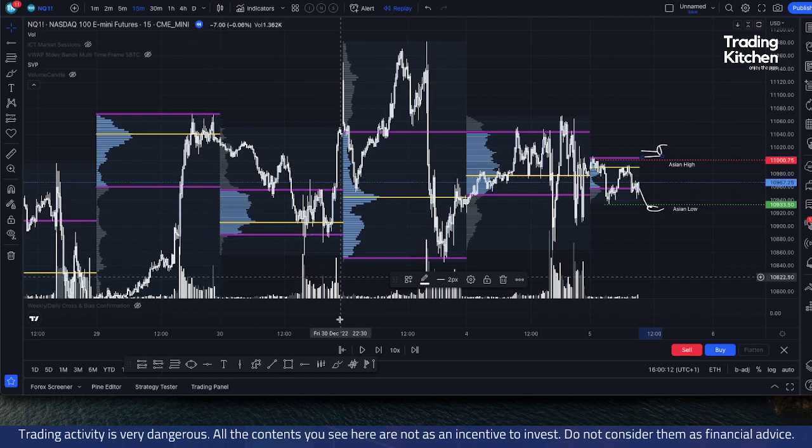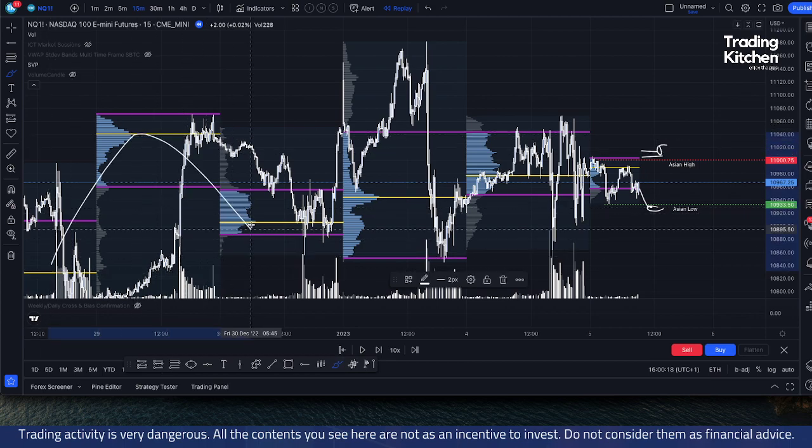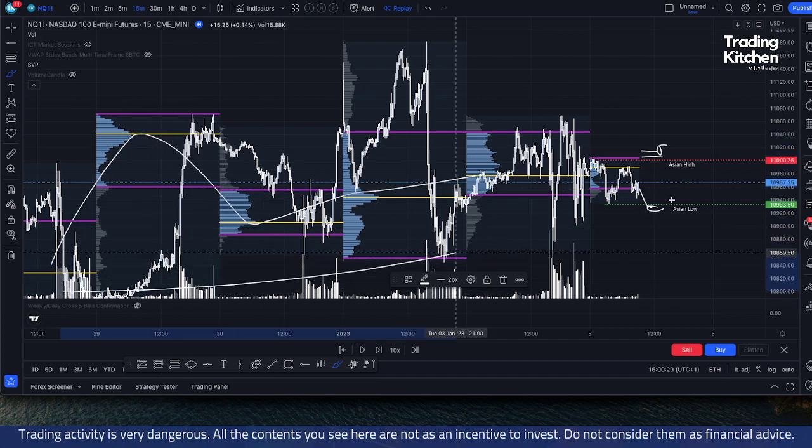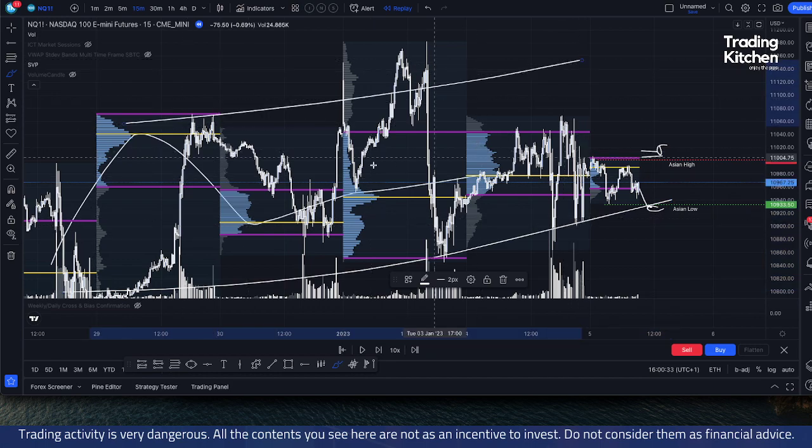Here, for example, look at the POC, which is the yellow line. Price is going a little bit bullish.